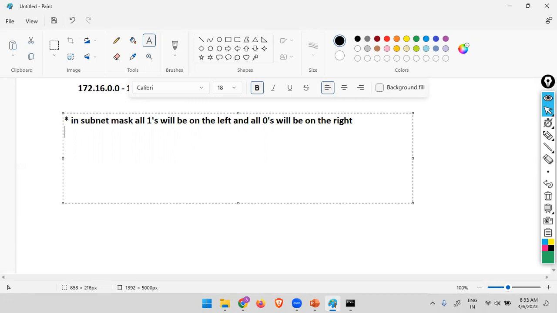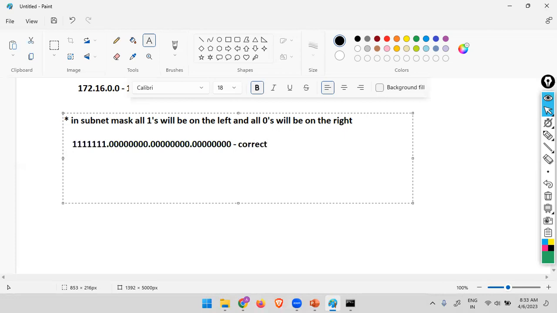Means, if I say all ones on the left, all zeros on the right, this is a correct subnet mask. Correct?